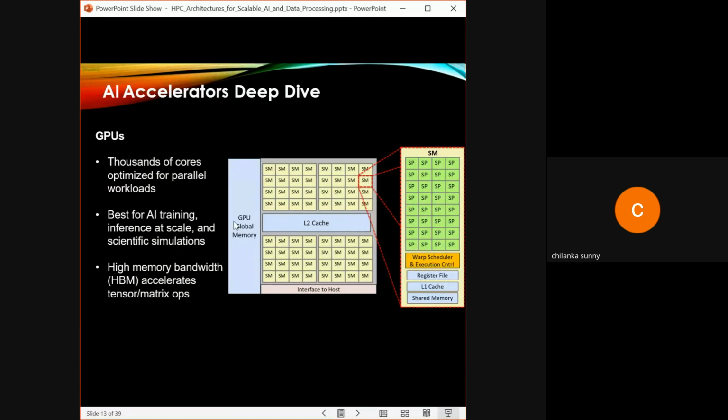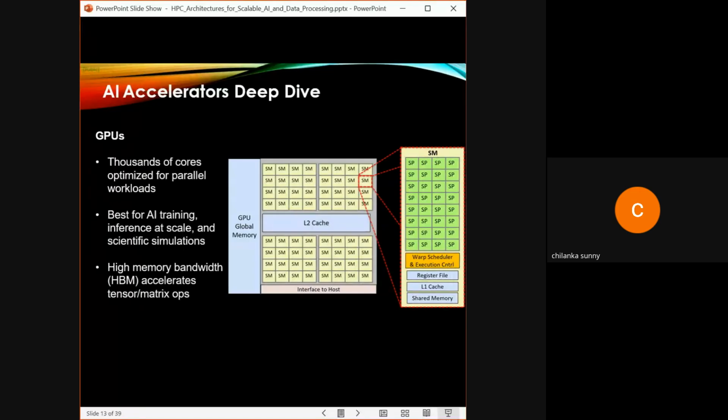You can think of an SM as the basic building block of computation inside the GPU. Each of these SMs can manage thousands of lightweight threads at once using SIMT, because they are made up of multiple SPs. This figure highlights why GPUs have become the workhorse of AI and HPC.